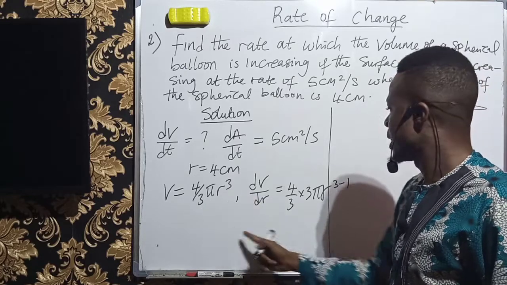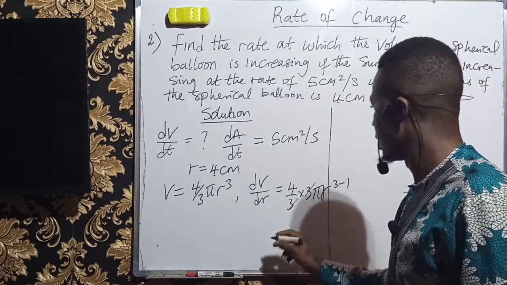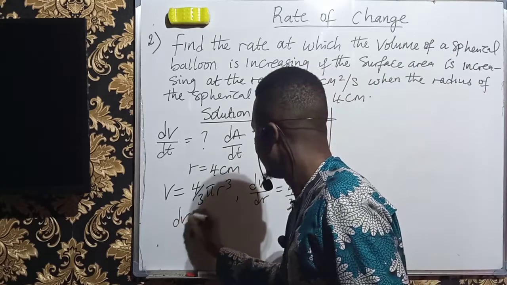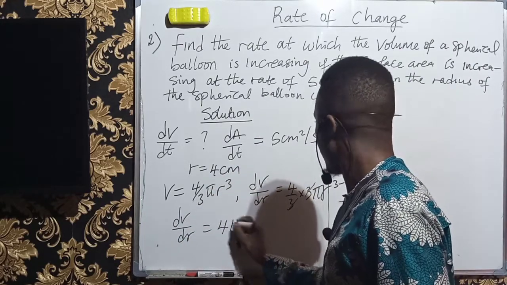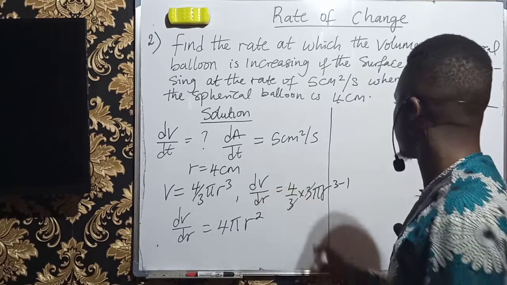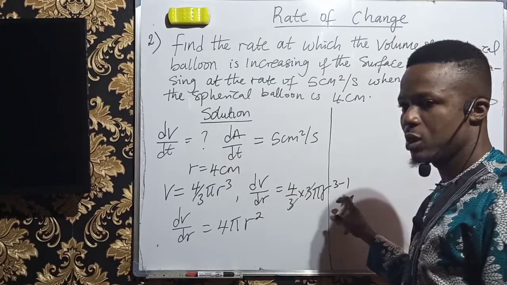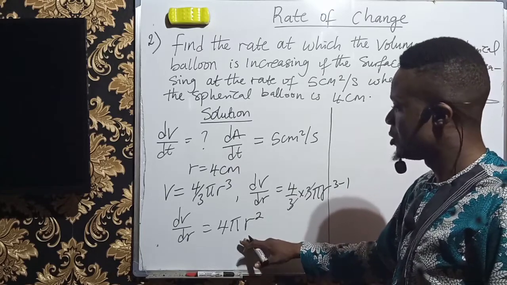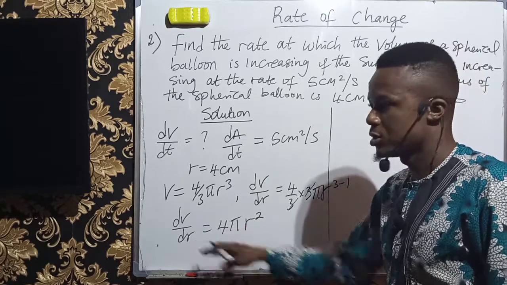The 3 comes to the back, multiplying pi r, the power minus 1. So 3 will cancel 3, and our dV over dr will give us 4 pi r squared, because 3 has cancelled 3, we are left with 4 pi r, and 3 minus 1 gives us 2. This is the rate the volume is increasing with respect to the radius.